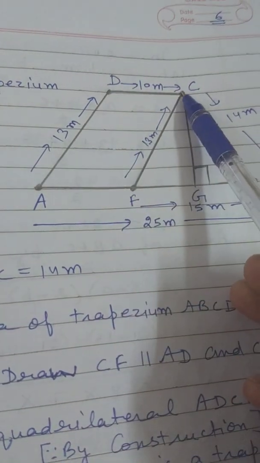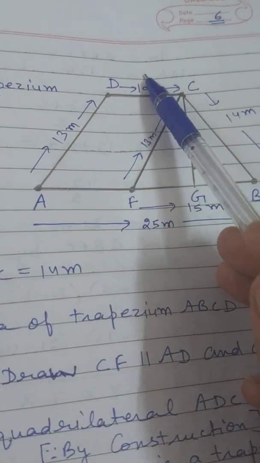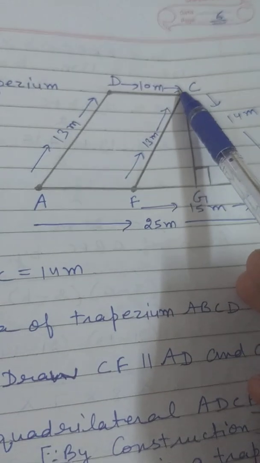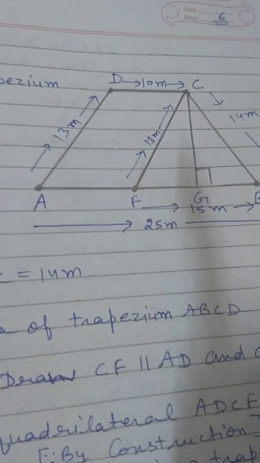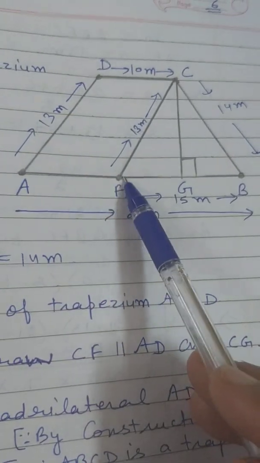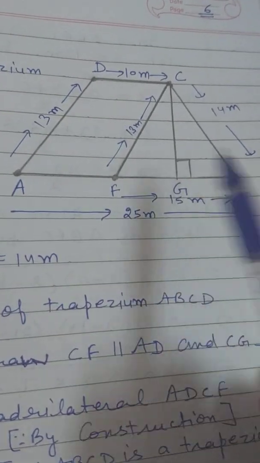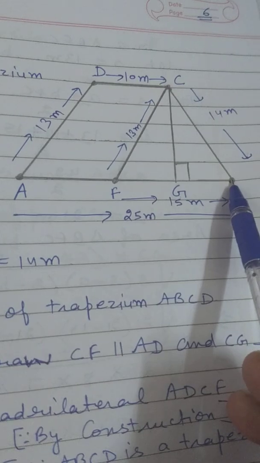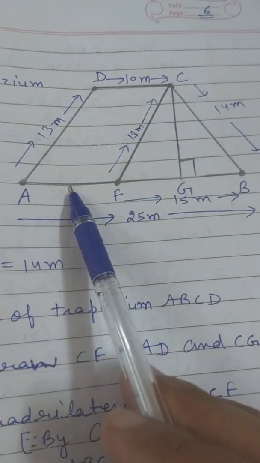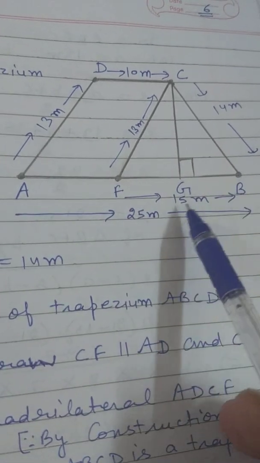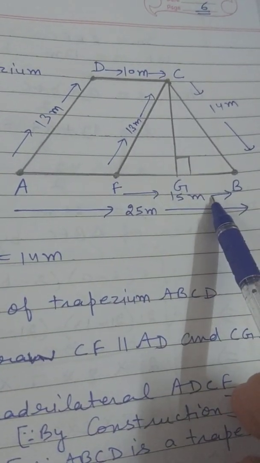Now DC is given as 10 meter. If DC equal to 10 meter, then AF is also 10 meter. Now we have FB. AB is 25 meter and AF is 10 meter. 25 minus 10, FB is 15 meter.